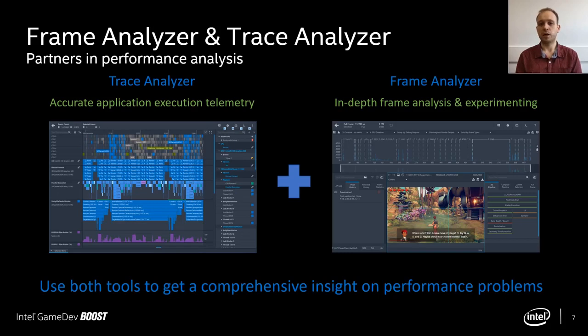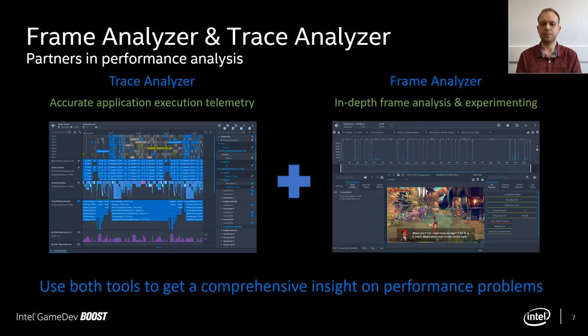The frame analyzer, on the other hand, is not limited by this, as it replays a sequence of graphics commands, and therefore it can provide you with all the metrics available on particular hardware, as well as all the states and resources being used across the execution of the frame.